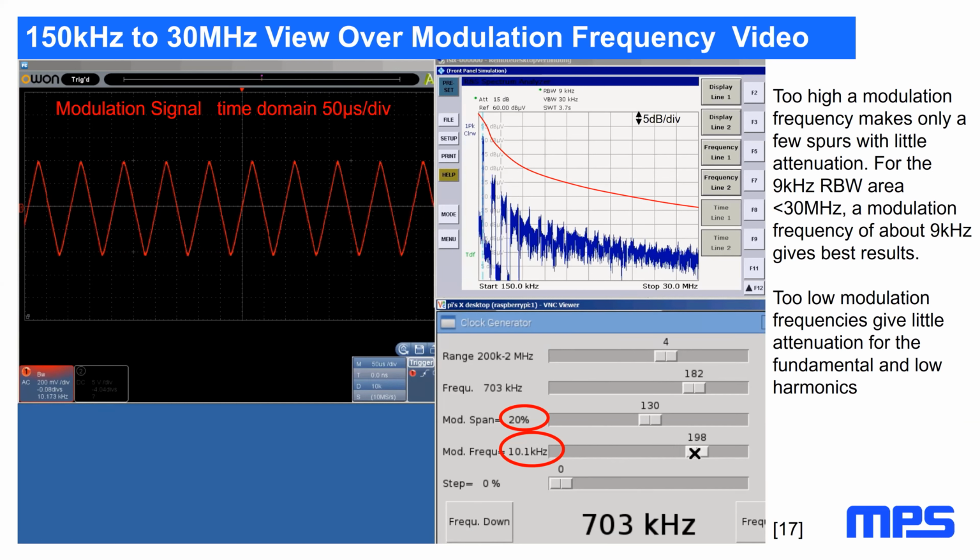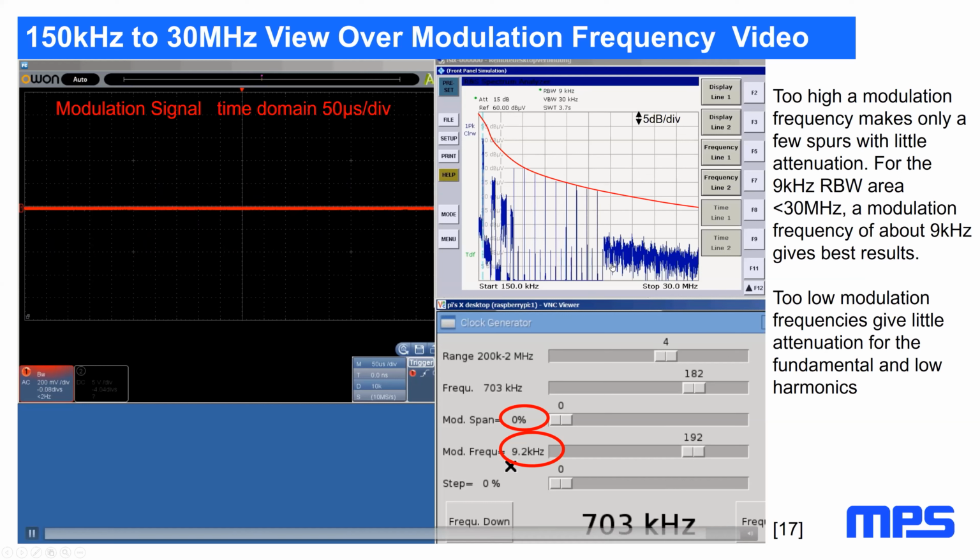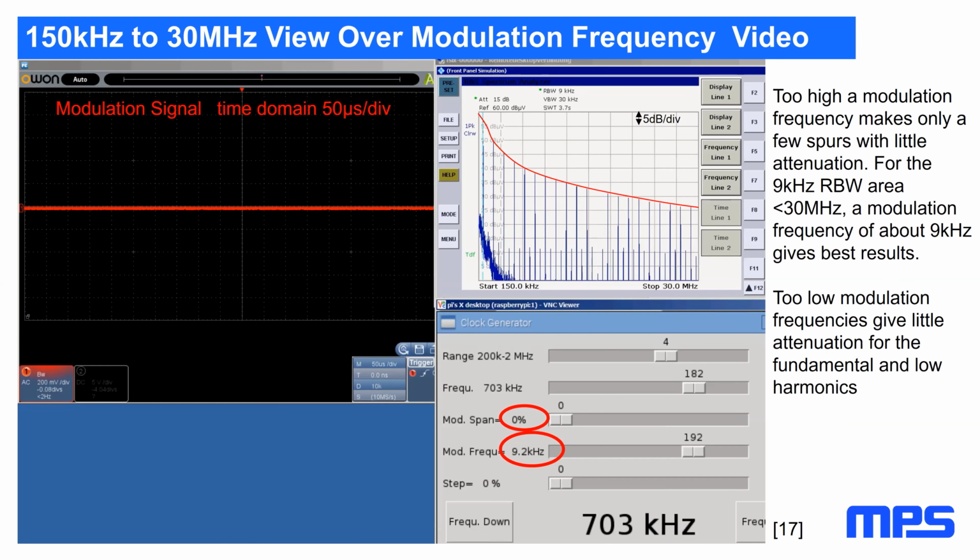So that's around 8 kilohertz, which means that if you want to optimize for the 30 megahertz area with 9 kilohertz resolution bandwidth, a modulation frequency in the 9 kilohertz area will create the best results. It's not really necessary that you're absolutely at 9 kilohertz, it could be 8 or 10 or 11 or something, but around that ballpark, that usually will work best.